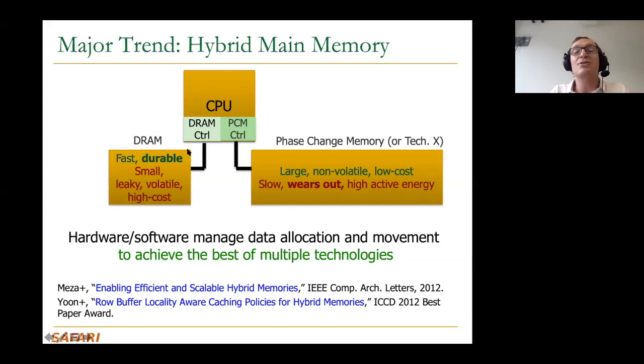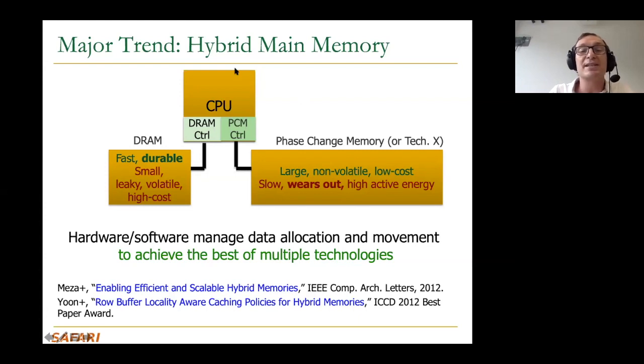And again, this is an across-the-stack problem, right? You need to communicate to the controller from the software. You need to communicate to the controller from the hardware. And the controller needs to manage things in some way. Because in the end, you need to have a controller to manage memory. You can also think of this controller as being part of the software. There's an operating system component over here that I have not depicted.